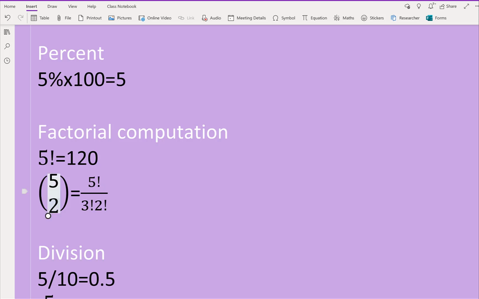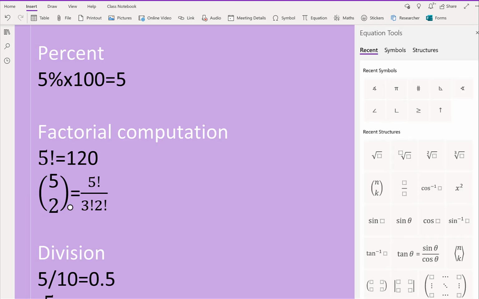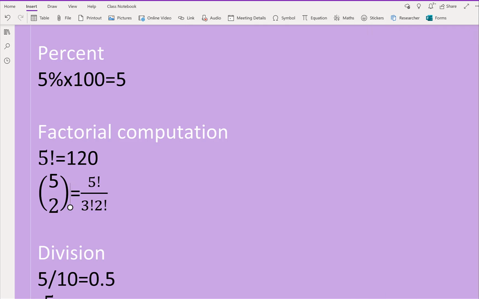So I have been using the equation tools. So here, Insert, Equation, Equation Tools. And I've been using the tools to help me to write the expression 5C2 inside the bracket like this.